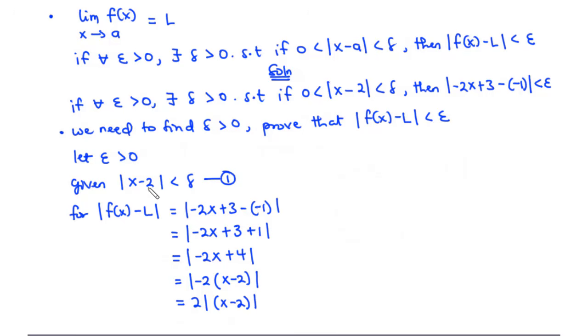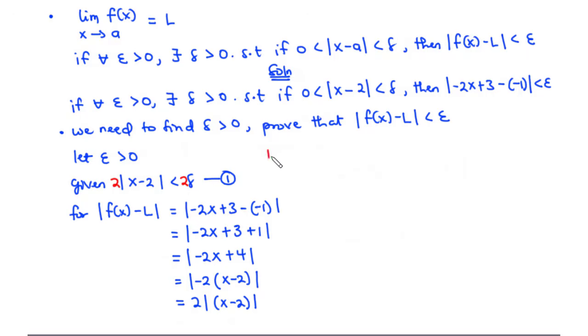Now again, looking at equation 1, here we have the absolute value of x minus 2 is less than delta. Now if we multiply the absolute value of x minus 2 by 2, that is what we have here. So if we multiply this by 2, then it should also be less than multiplying delta by 2.